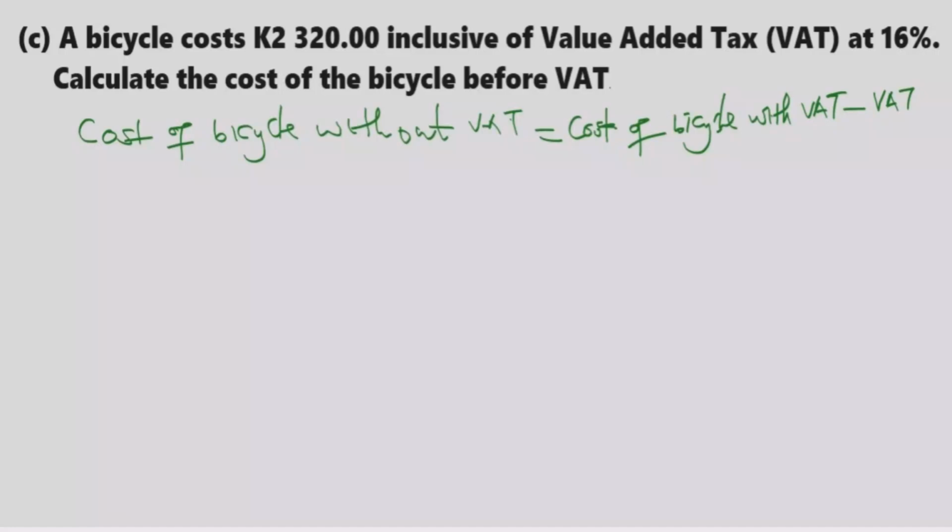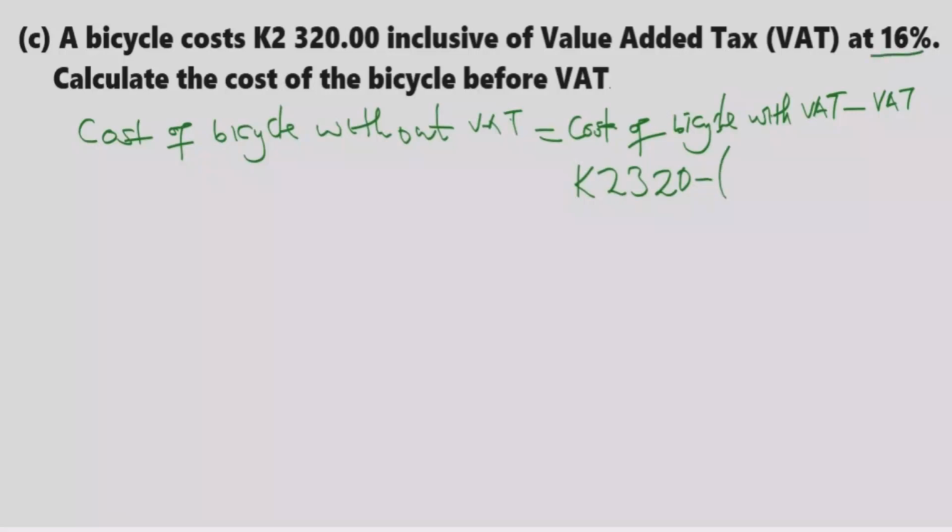That's what we need to fill in. So we are told that the cost of bicycle inclusive of VAT, value added tax, is 2,320 kwacha minus, what is VAT? We are not given VAT, instead we are given the percentage of VAT.